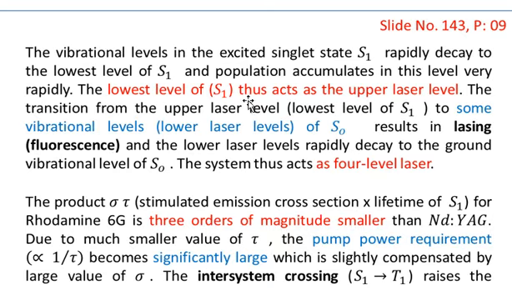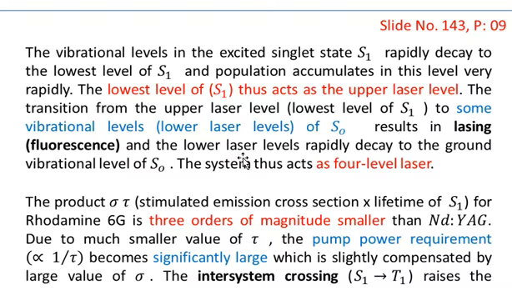The lowest level of S1 thus acts as the upper laser level. The transition from the upper laser level, which is the lowest level of S1, to some vibrational level of S0, which forms the lower laser level, results in the lasing, that is, the fluorescence process.